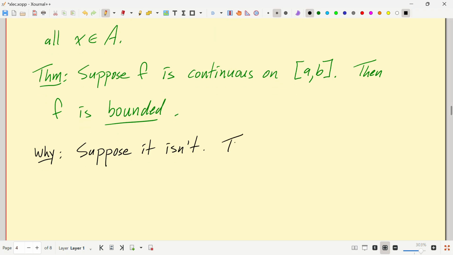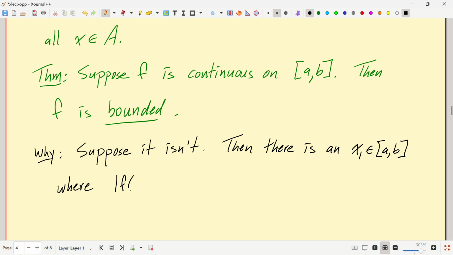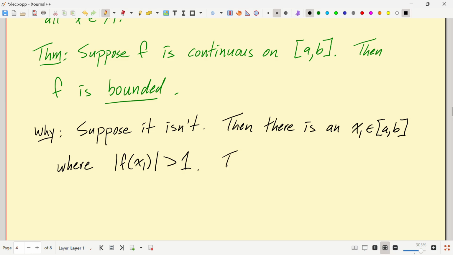So there would exist x1 in that interval where the absolute value of f of x1 is bigger than 1. Well, it's also not bounded by 2. So there is an x2 in the interval from a to b where it's bigger than 2, etc.